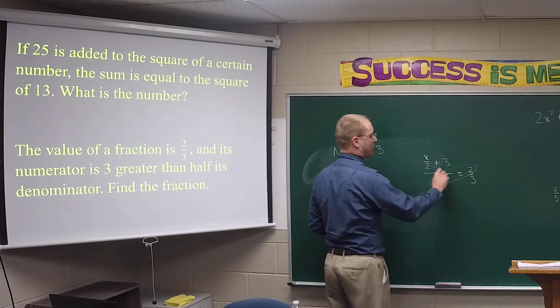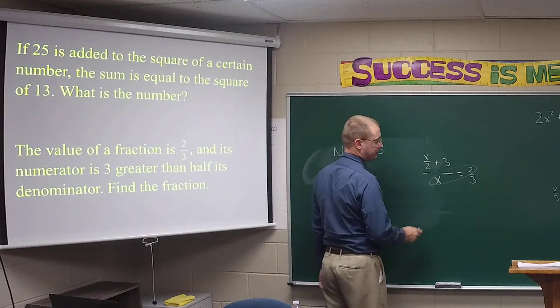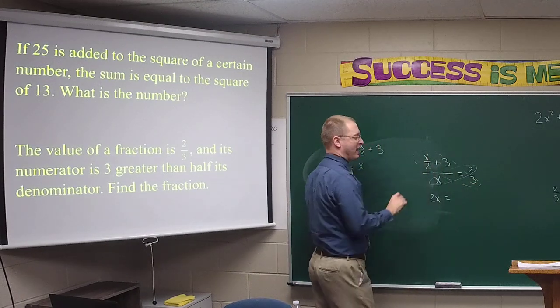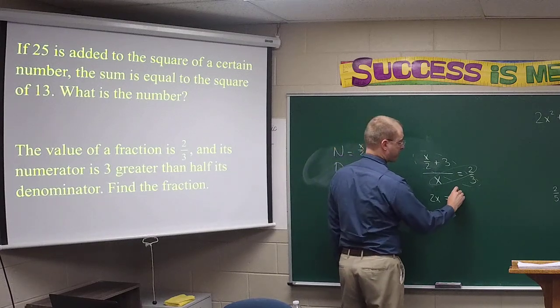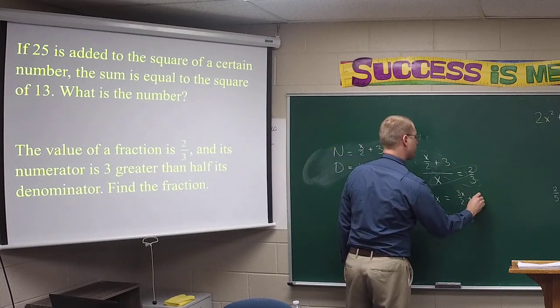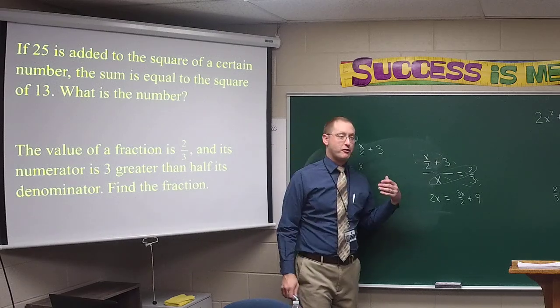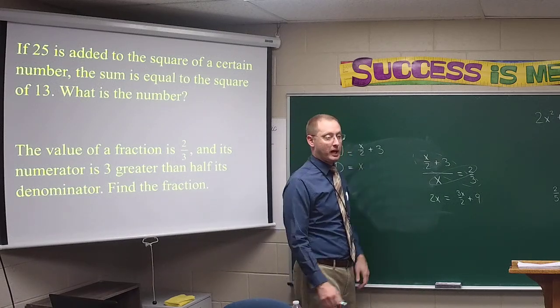Obviously, the means here multiply very easily, Abby. 2x. The extremes are a little bit more annoying, but still not too bad. 3x over 2 plus 9. And still have a fraction. So if I wanted to get rid of the fraction now, Maddie, I could multiply.